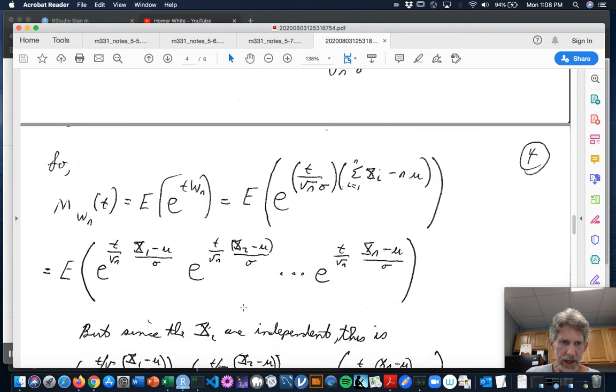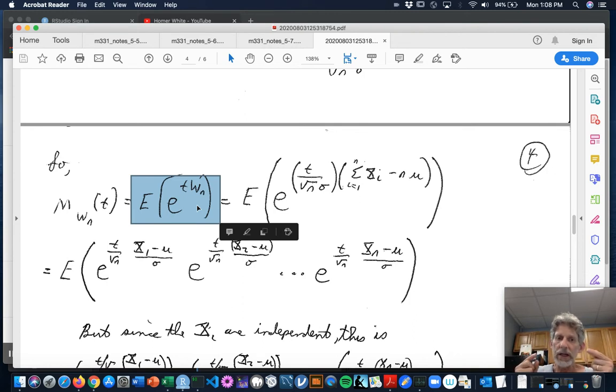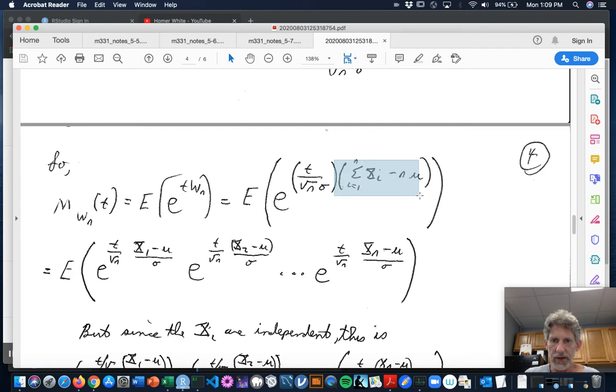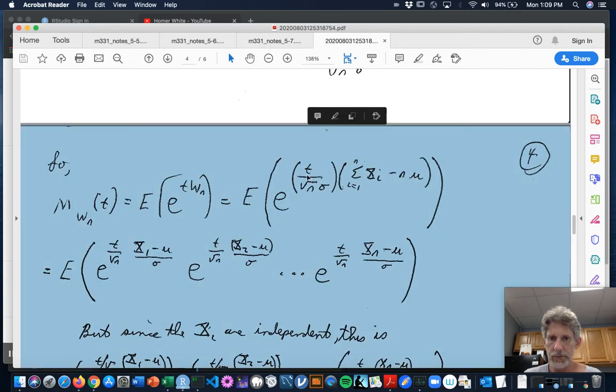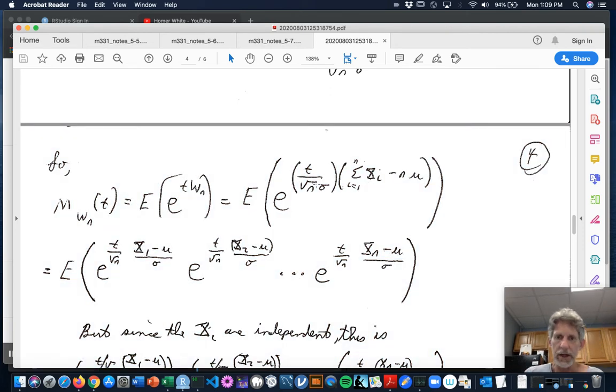And so when we try to get the moment generating function for Wn, the expected value of e to the tWn, we're going to be writing the Wn like that. And so you can see up here, I've done that. Here's the top of the Wn, here's the bottom of the Wn, and we've got to put the t somewhere, so I stuck it right there. Now, I could certainly multiply that t over root n sigma in through the sum sign.